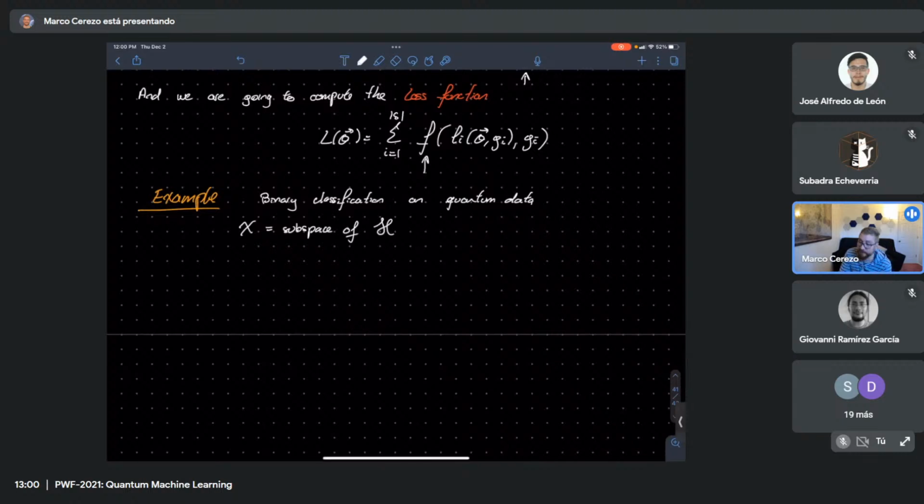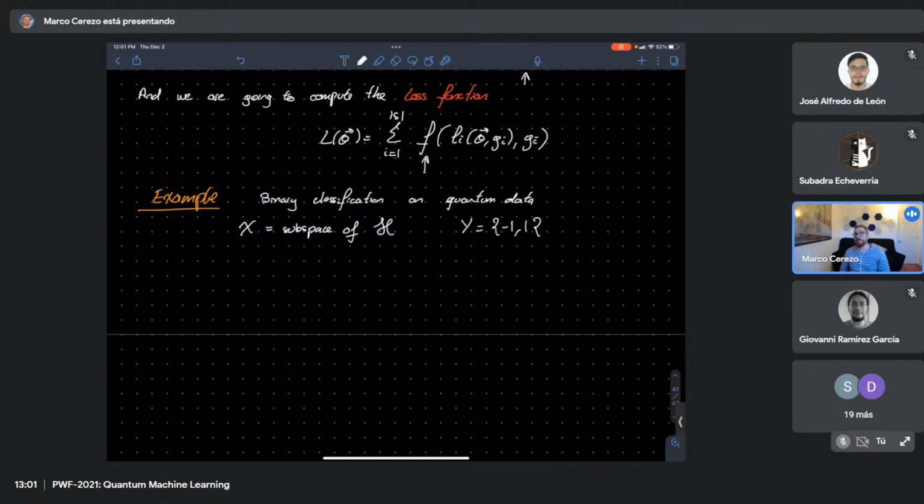It's just a set of states that belong to a given subspace. Y is going to be {-1, 1}. And those are the two sets that we defined as the input space and the label space from the learning framework, right? That we discussed just a bit ago.